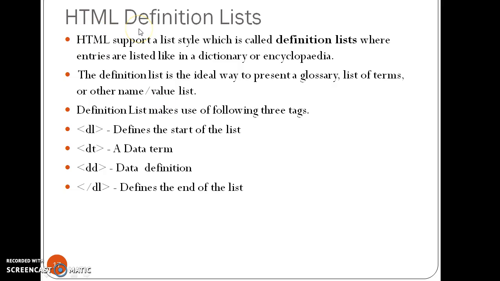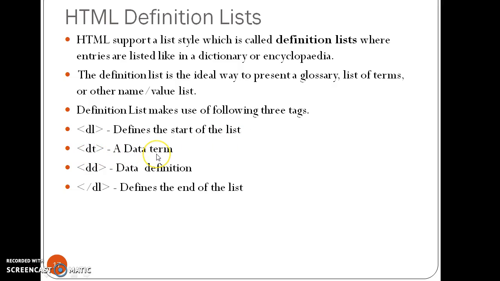The next category is the definition list. HTML supports a list style which is called definition list, where entries are listed like in a dictionary or encyclopedia. There are different terms in this definition list. DL means definition list, which defines the start of the list.